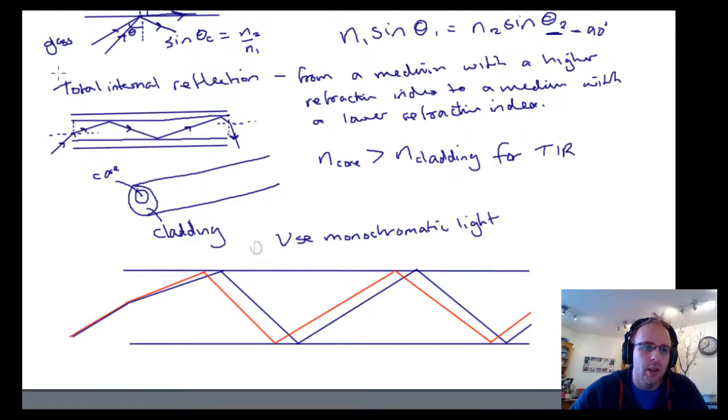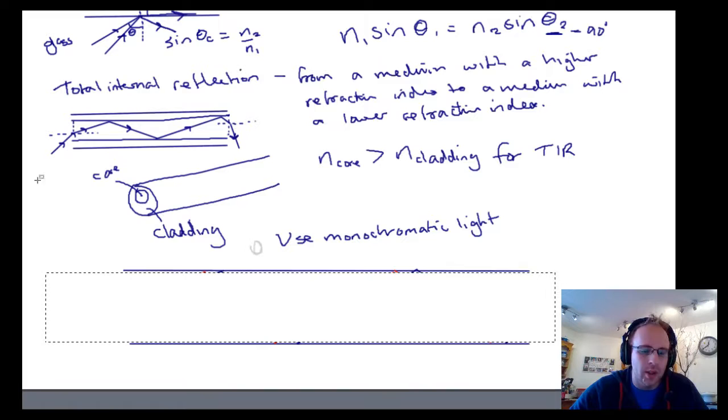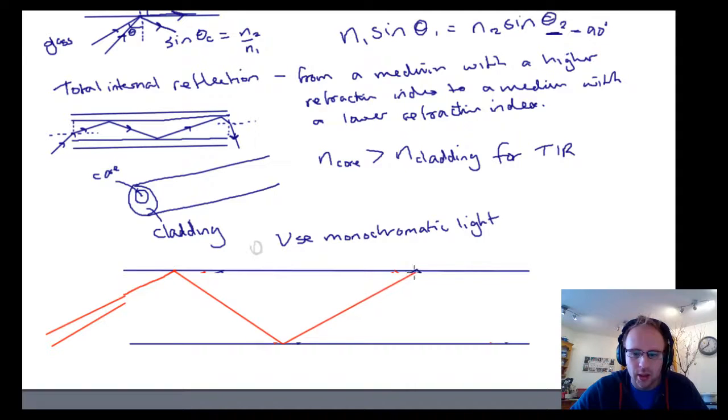Modal dispersion would be if I was using all the same kind of light, but some of the light came in at this angle, and some of the light came in at a slightly different angle. Then I would get a path for this beam which goes like this, and the path for this beam which goes like this.